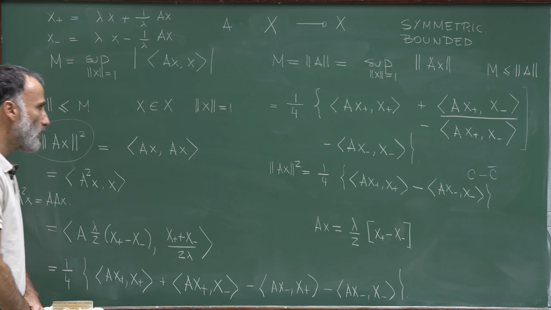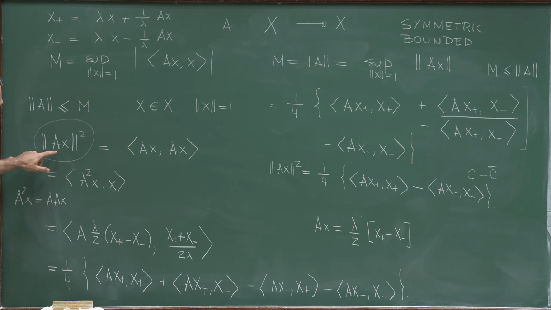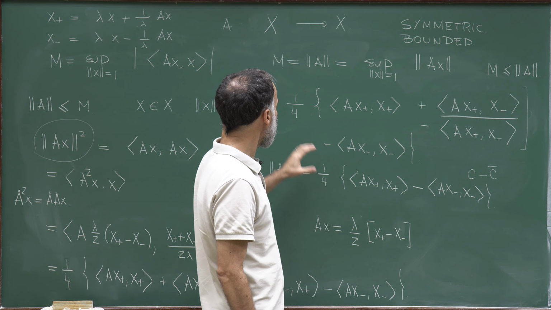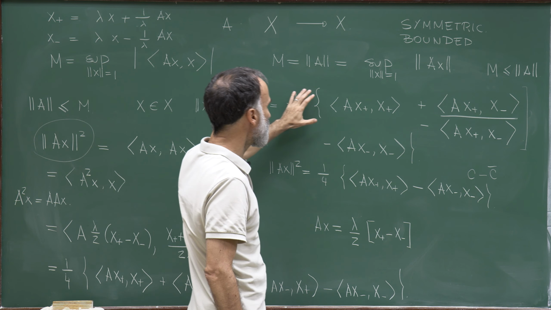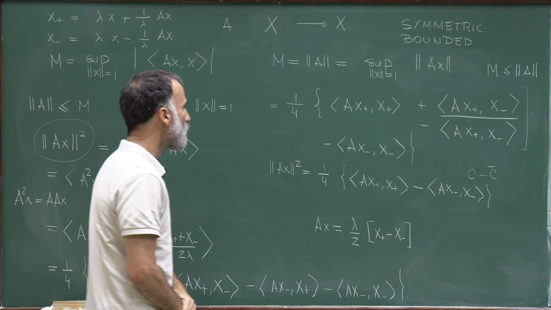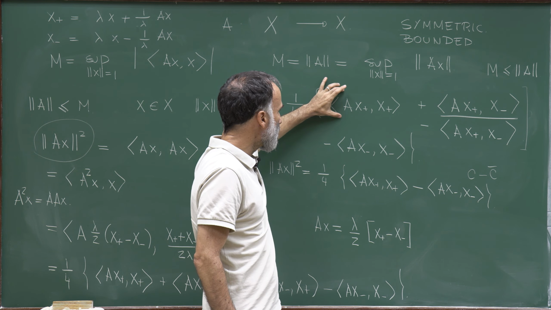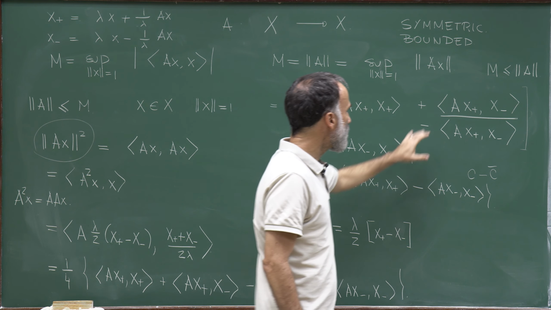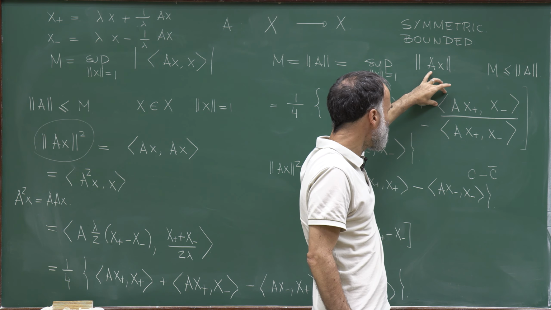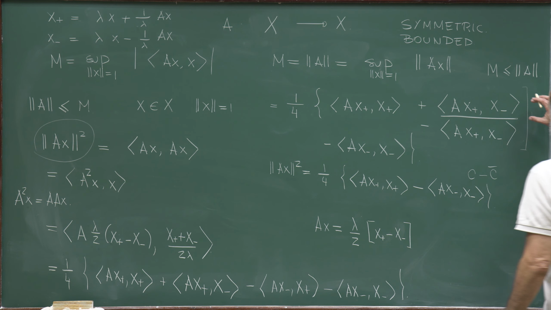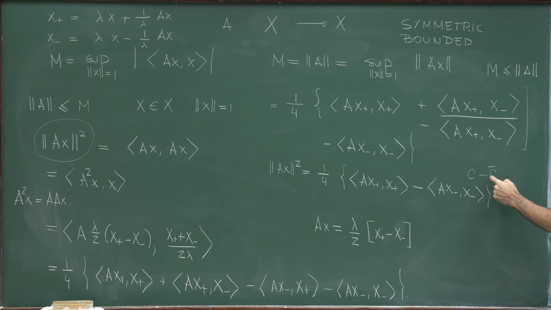So let me explain that again. I started from this quantity. I made some computations, and I arrived at that this real number is equal to 1/4 of this sum. So we have seen in the previous proposition that this is a real number. And here we have a complex number minus its complex conjugate. If you take a number minus its complex conjugate, the real parts cancel and the imaginary parts sum.